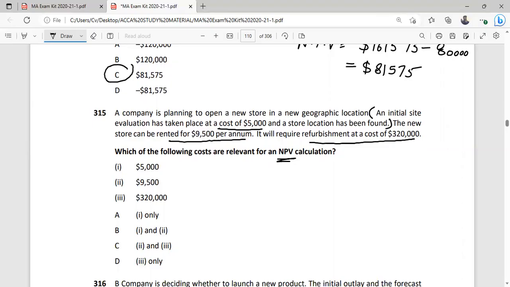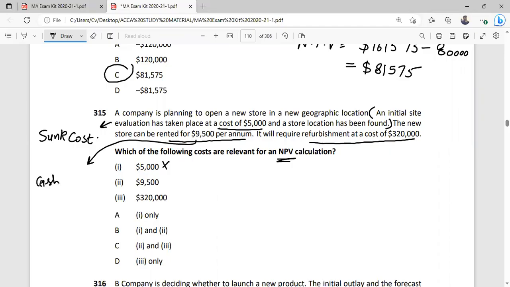Site evaluation means sunk cost. It is the cost which is incurred on a feasibility study. If it is incurred on research and development, like drawing and designing, or all the consultancy fees, it is an irrelevant cost, a sunk cost. So 5,000 is not treated as a relevant cost. 95,500 is a cash outflow.